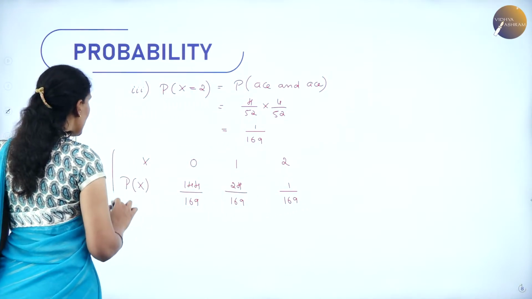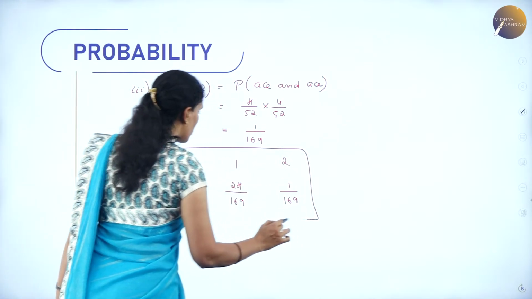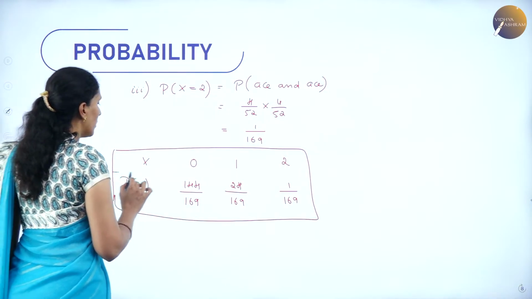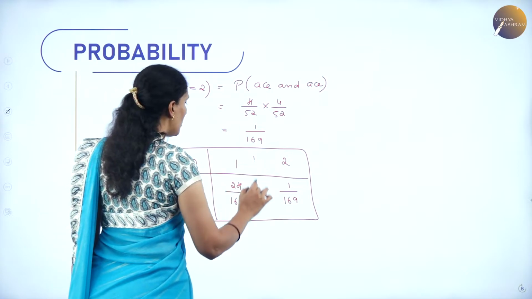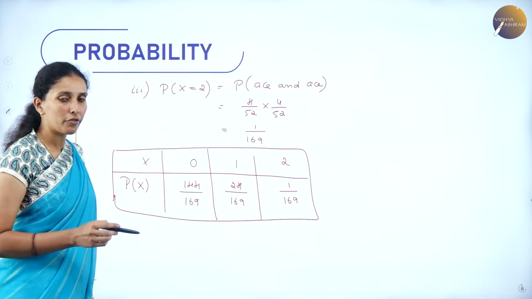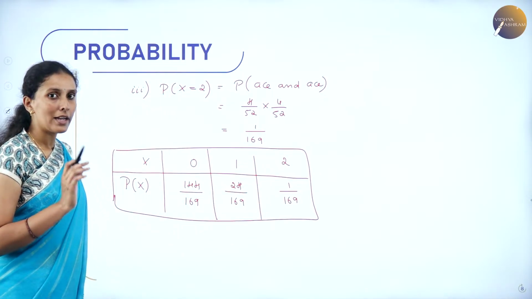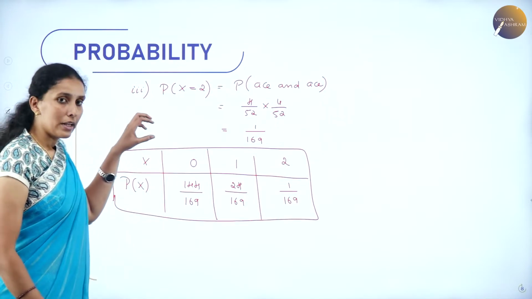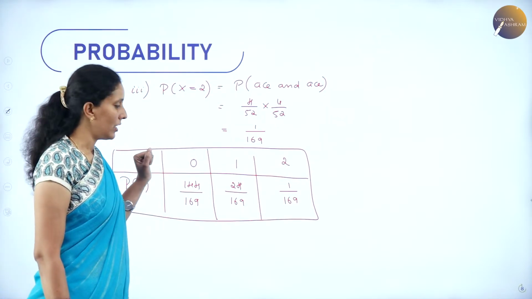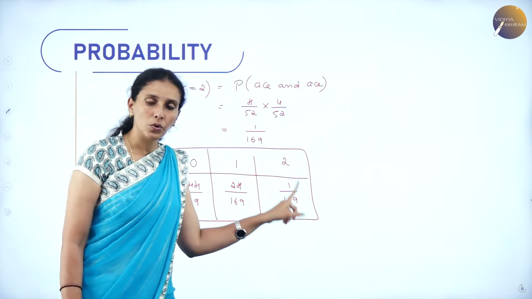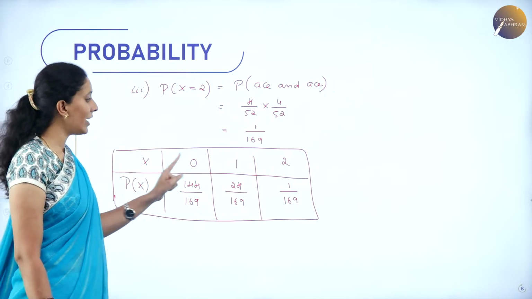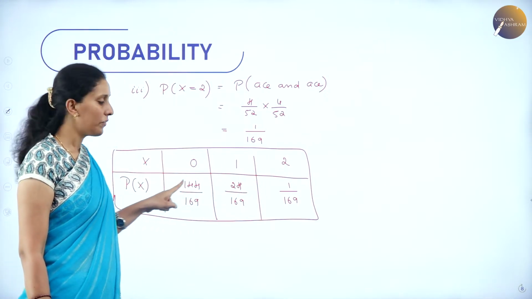So, thus, these are the probability distribution for a pack of cards where I have taken 2 cards, out of which we can get neither aces, only 1 ace, or both cards are also aces. So, these are the individual probabilities of the conditions.